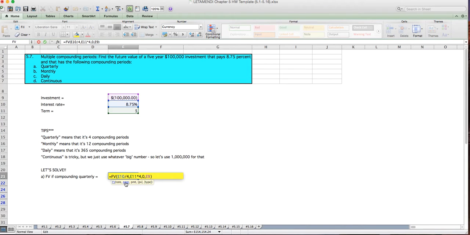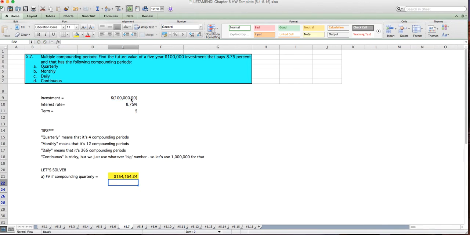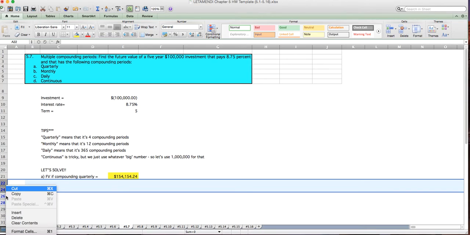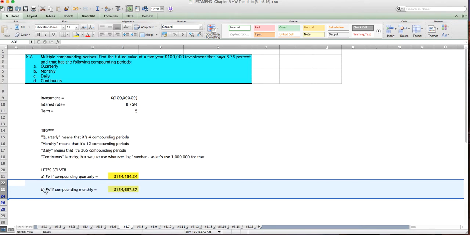The number of periods is going to be the term times the number of compounds, which is 4, comma, 0 for the payment, comma, and then the present value, you just click here, 100,000, and then you press enter. And when you press enter, you get $154,154.24.